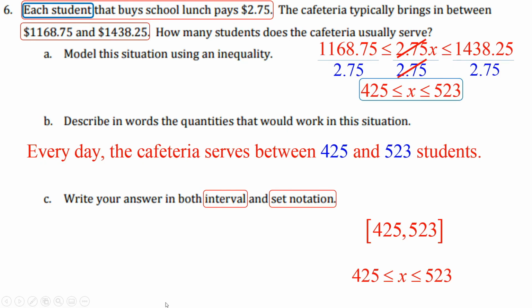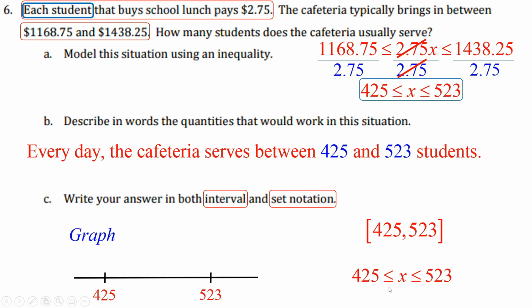Now, finally, for extra practice, let's graph. Now, this is a double inequality right here, so to graph it, I'm going to need two hash marks. Guess what I'm going to put underneath the hash mark on the left? That's right, my left bound, 425. How about on the right? My right bound, 523. Now, here's the key. You haven't seen this yet.